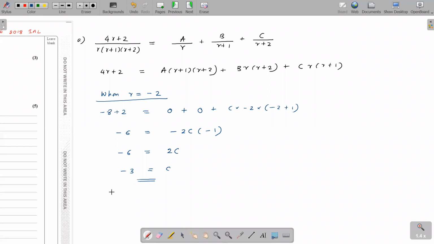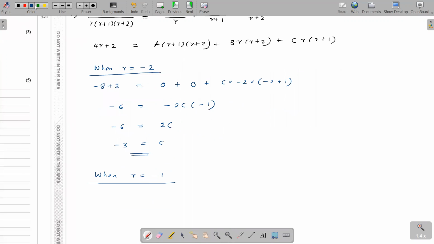Okay, so let's go for another advantageous r value, which is what? When r is minus 1, because you can see that we have brackets with r plus 1. If there are brackets with r plus 1, using r as minus 1 makes that entire bracket 0. So what do we get here? 4 into minus 1 is minus 4 plus 2 equals A into (minus 1 plus 1), which is 0, right? So the entire first term is a 0.